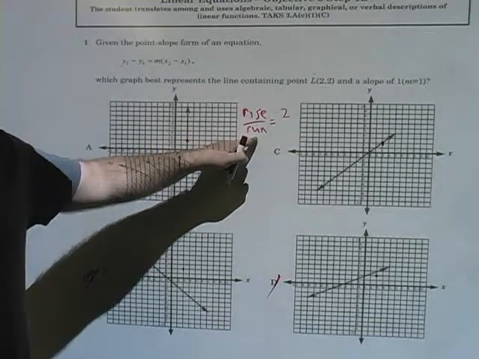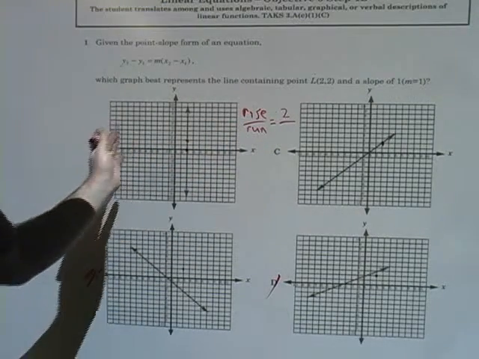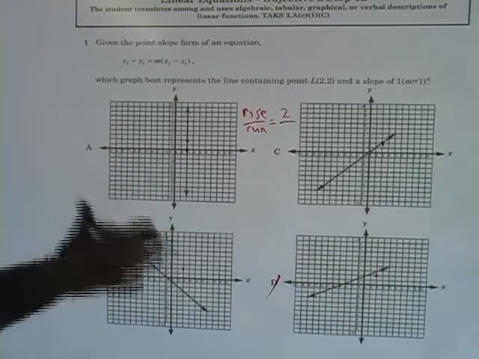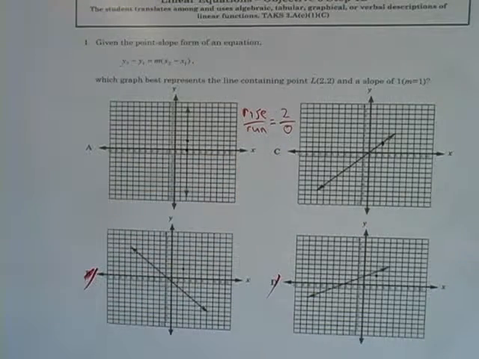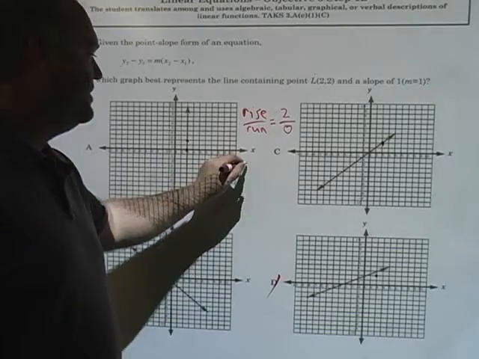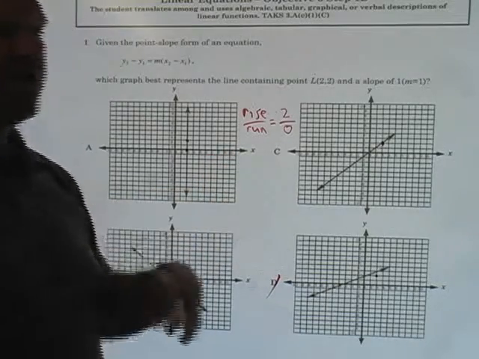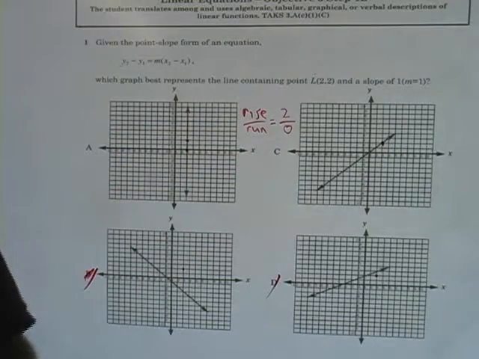So what's your run? How much does it go left to the right? Well, it doesn't move to the right. So the run is 0. So when you put that fraction in your calculator and you do 2 divided by 0, you're going to get an error message. If you have your calculator, just try that.